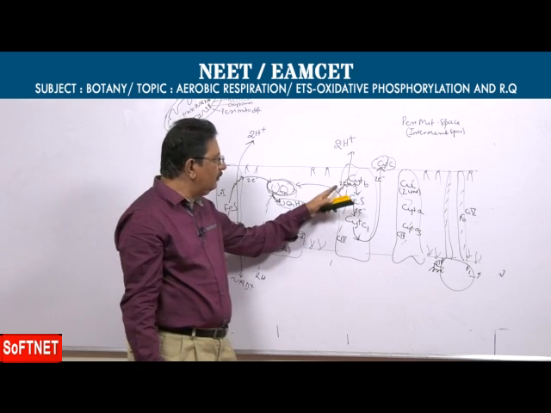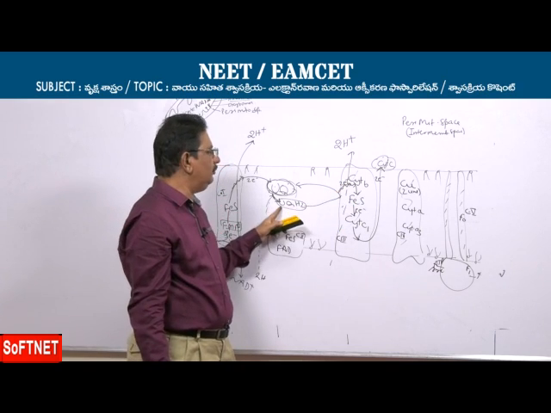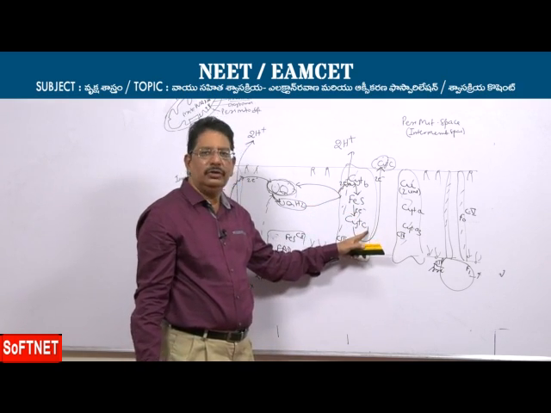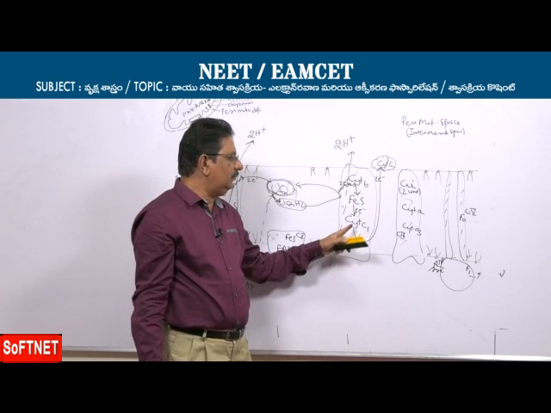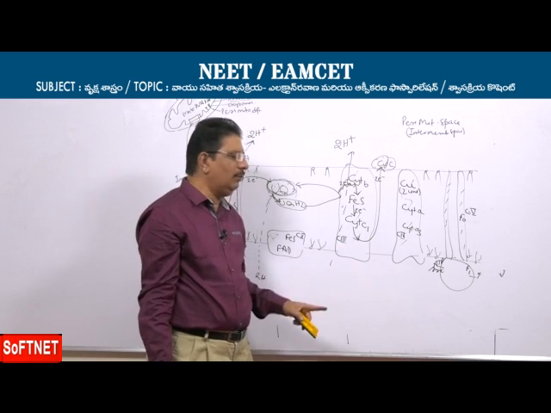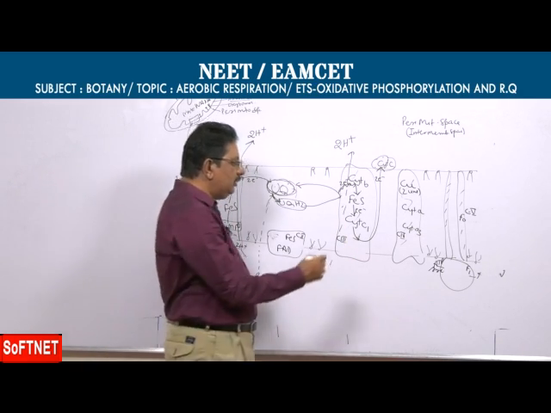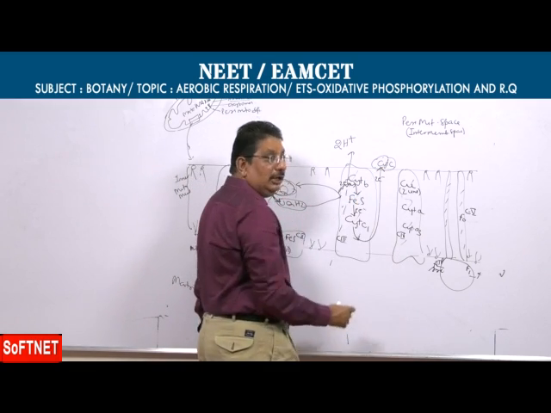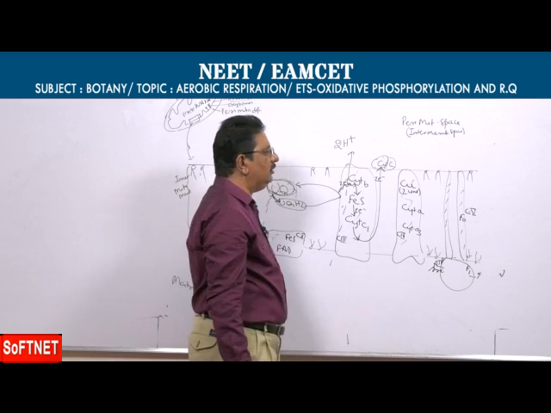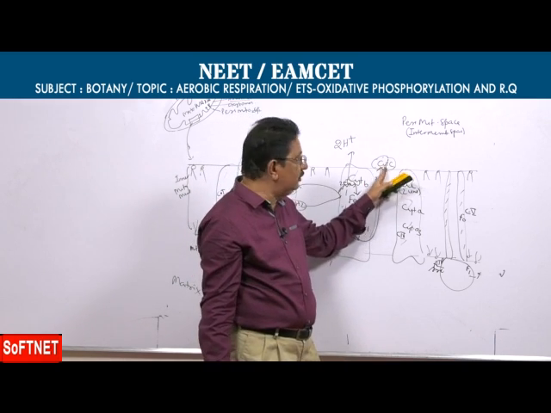So, a pair of electrons transfer from ubiquinol to cytochrome B, iron sulfur, and cytochrome C1 of complex 3. Two protons are released, and these electrons are taken by cytochrome C. So, now cytochrome C is reduced.